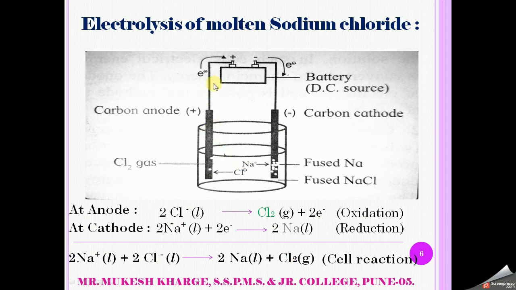The electrode which is connected to the positive terminal of the battery is known as the anode, which is positively charged, and the electrode which is connected to the negative terminal of the battery, that is negatively charged, is called the cathode. And the battery is a DC source, direct current source.